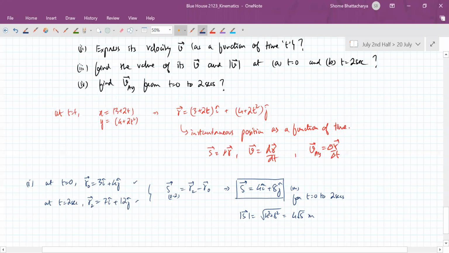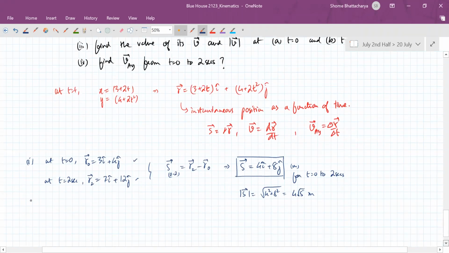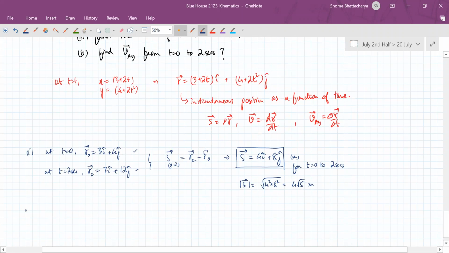So that's done. Now comes the more technical definition of velocity, because that involves rate of change. For the second part, we want to find the expression of instantaneous velocity. Write it as this. Now this is where you need to pay attention to how we apply differentiation on a vector quantity.